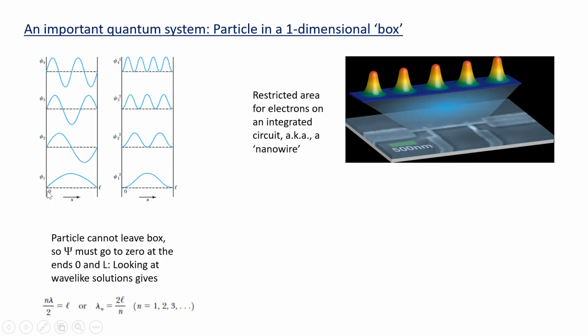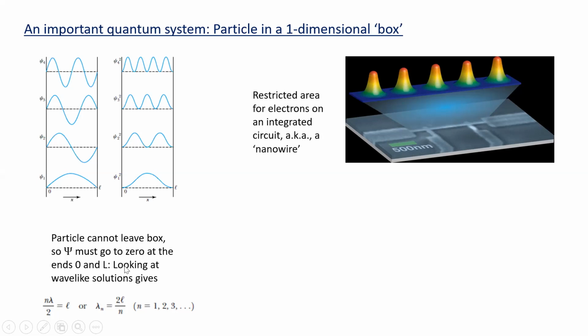So that means the wave function must go to 0 at the ends, 0 and L. Because remember, the wave function is associated with how likely it is to find the particle. And so if it's impossible to find the particle at less than 0 or greater than L, then at 0 and L, the wave function must go to 0.